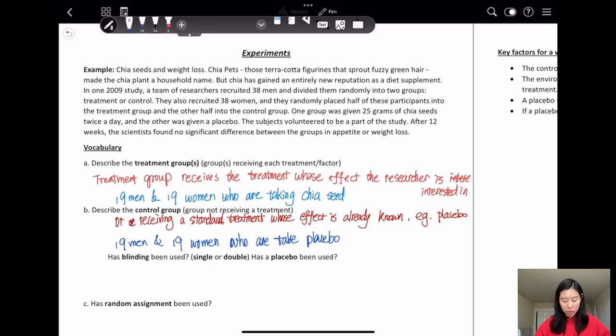So has blinding been used? There are two types of blinding, single blinding and double blinding. Single blinding means the participant doesn't know that they're taking a placebo.